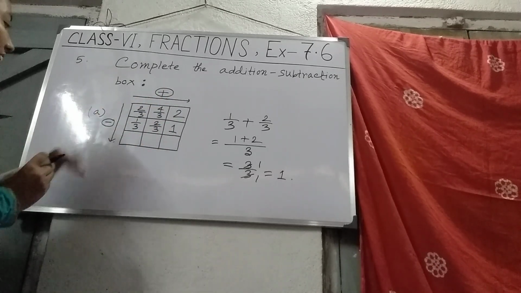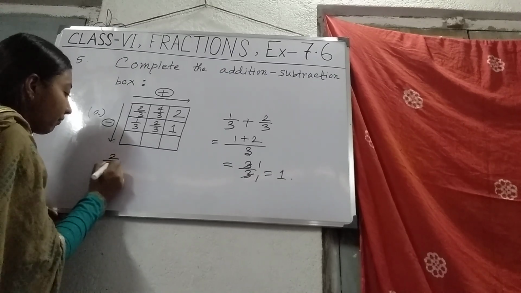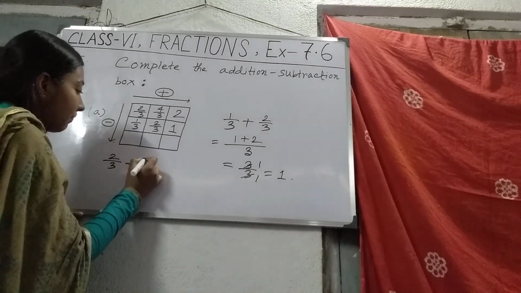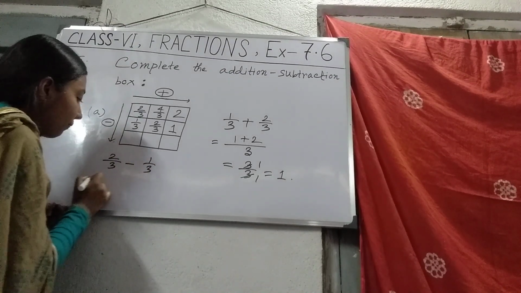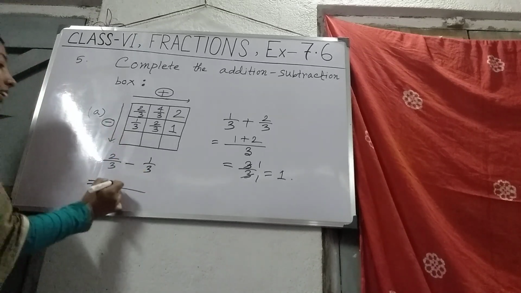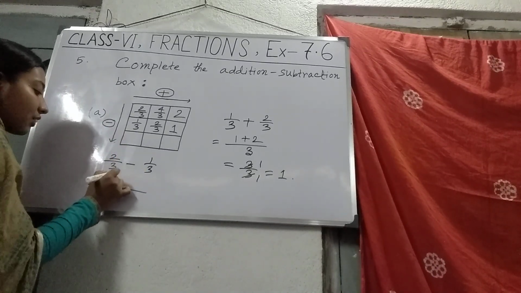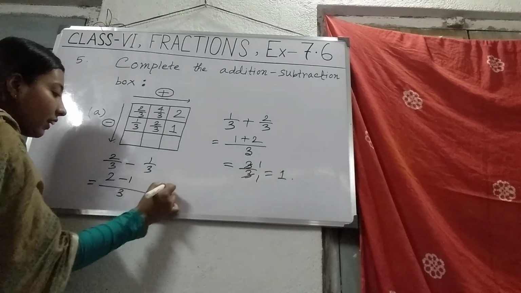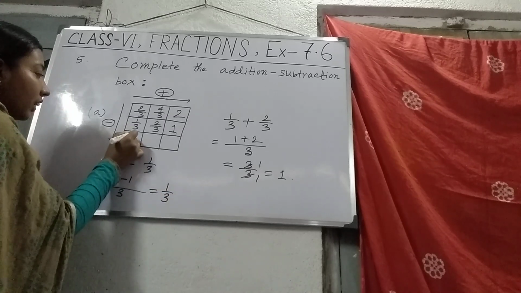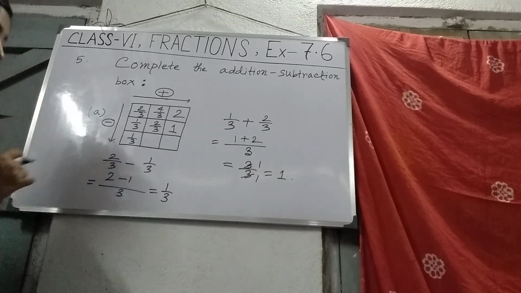Now for the first column, we have to subtract them. So 2 upon 3 minus 1 upon 3, both denominators are the same here. So 2 minus 1 means 1 upon 3 for this box.